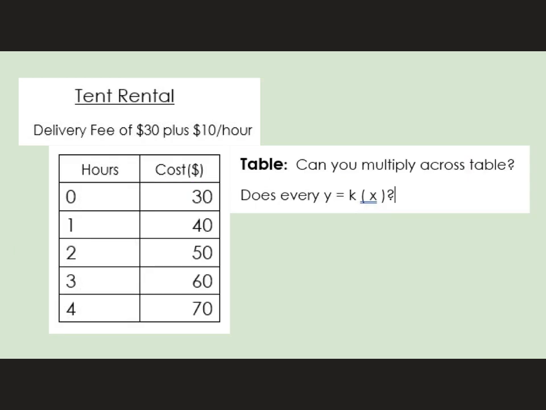So in this case, we're going to ask ourselves that same question. Can you multiply across the table? When I multiply this way, 0 times nothing will give me 30. This is times 40, times 25, times 20, times, I don't know, something else. If this is not consistent, then it does not work.